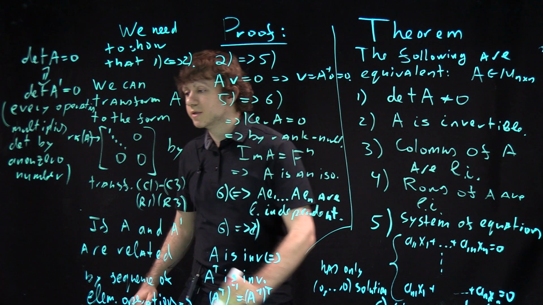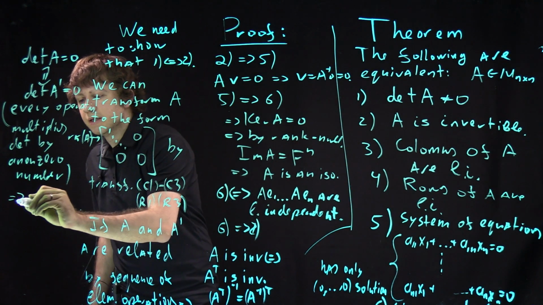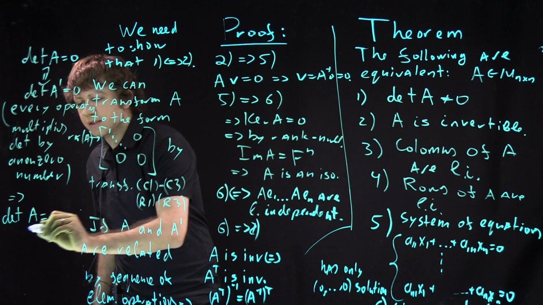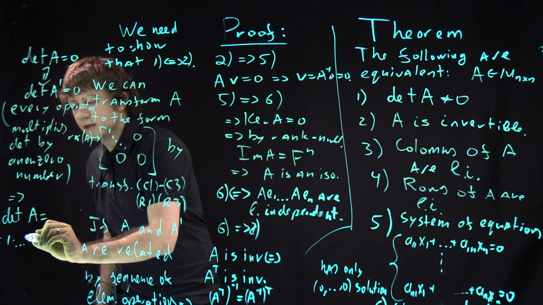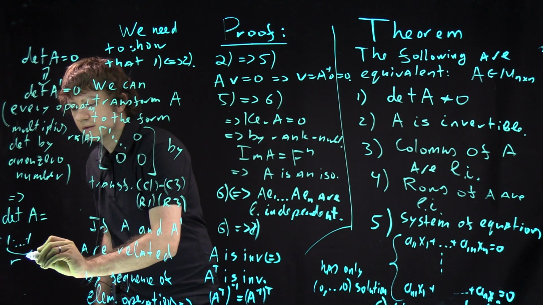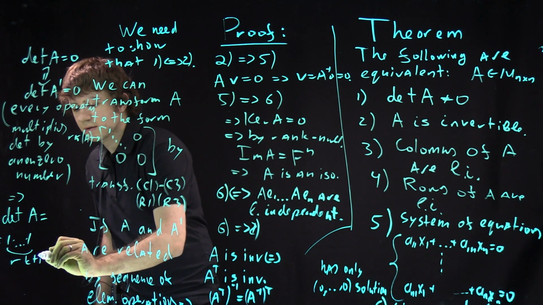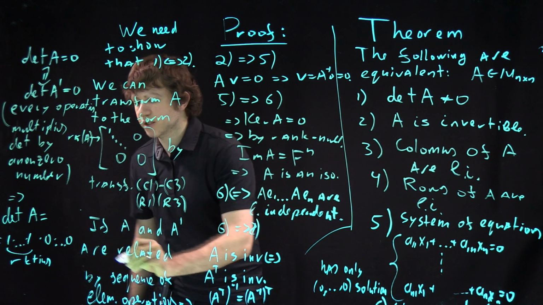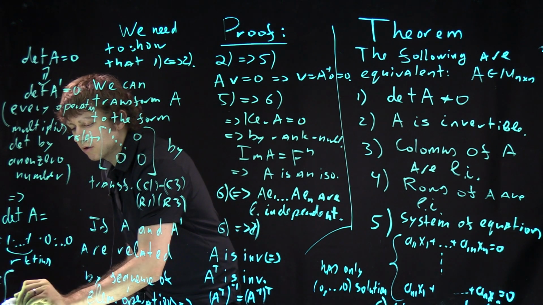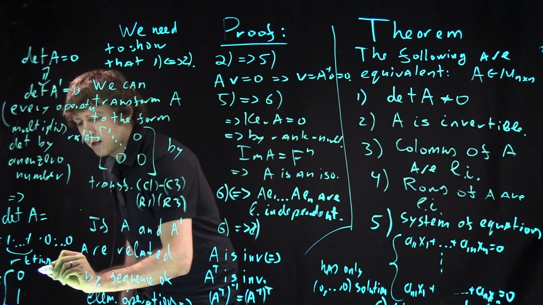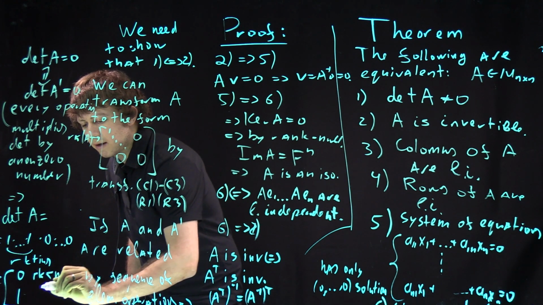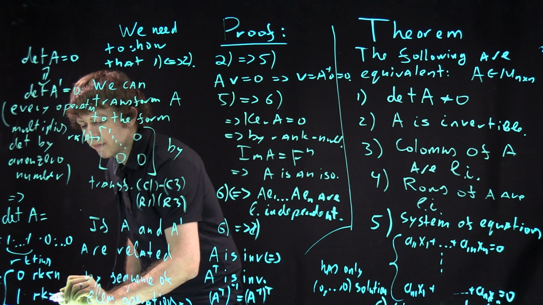But then, of course, the determinant of A prime is equal to 1 times 1 times 1, rank times, times 0, 0, 0. So it equals 0 or 1, and it is 0 if the rank is less than n, and 1 if the rank is equal to n.